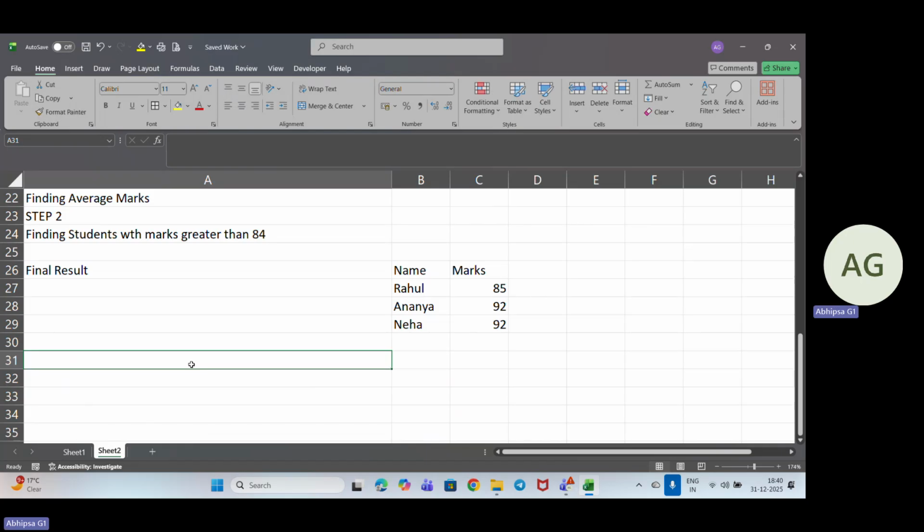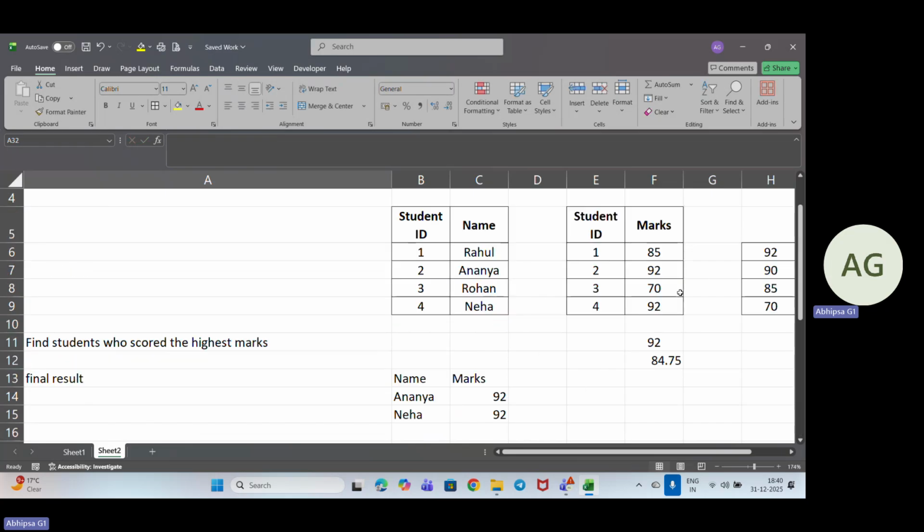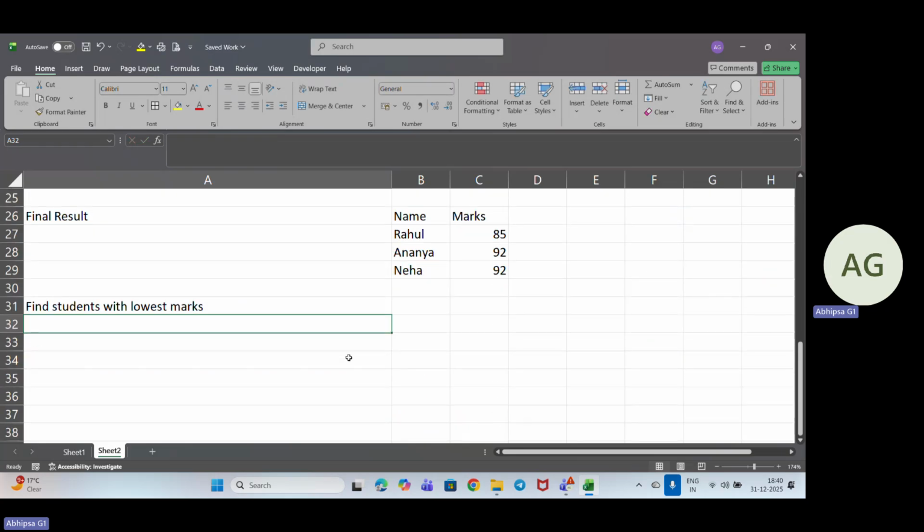Now, if I need to find out the student with lowest marks, like if my subquery is coming out as find student with lowest marks, right? So basically, first I need to find out the lowest marks. So the lowest marks is coming around 70.